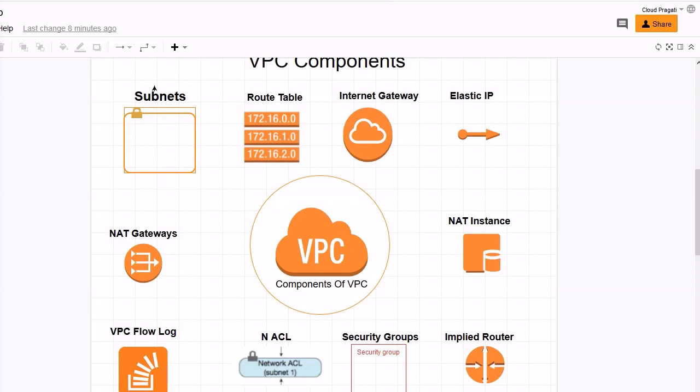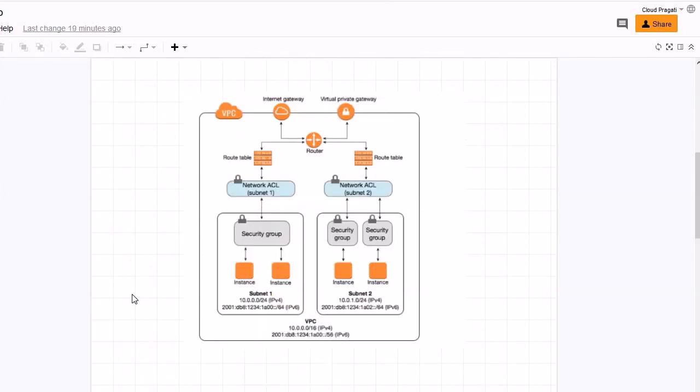So what does it mean? Our virtual private cloud has many subnets, and each subnet has a range of IP addresses. Who actually defines this range for a subnet? The answer is CIDR block. To better understand it, let's jump into the diagram. Here the CIDR block for this VPC is 10.0.0.0/16, so our subnets will reside in this range. Further, there are two subnets, subnet 1 and subnet 2.